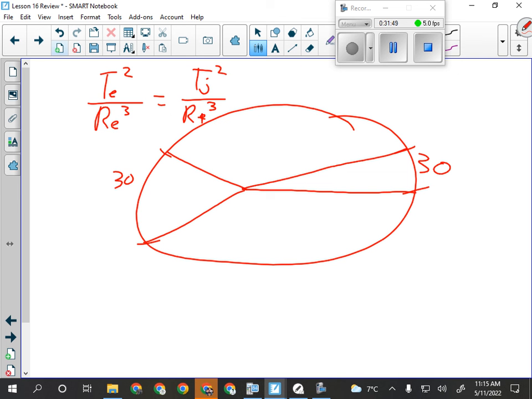Sorry, supposed to be J. So any two bodies orbiting the same central point will have the same Kepler constants. Again, it's just a matter of being able to recognize what things Kepler came up with in a multiple choice question. I mean, you can use this in certain situations. In fact, one of the two satellite questions you could use it for if you knew how to use it. But there's no advantage or disadvantage to using it or not using it. Okay. What else?